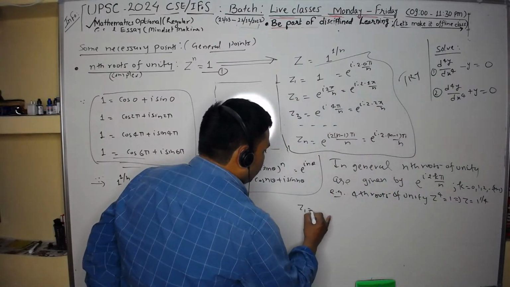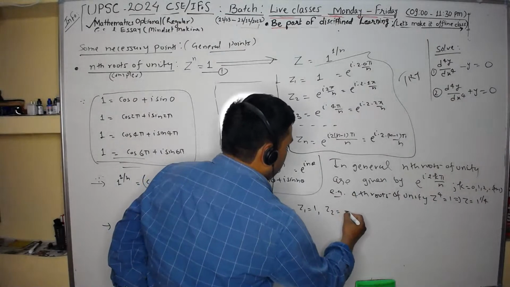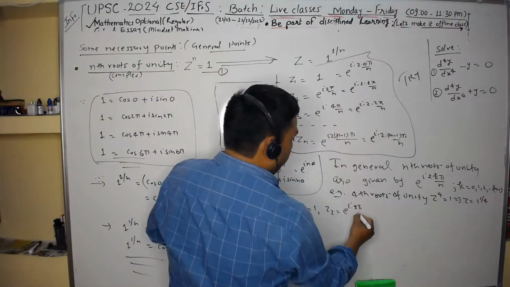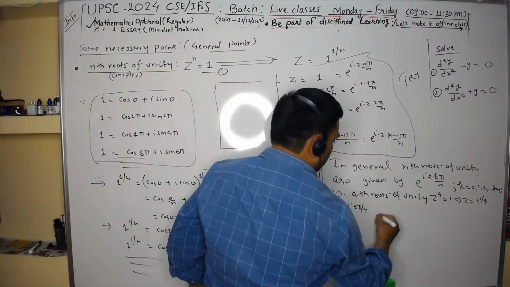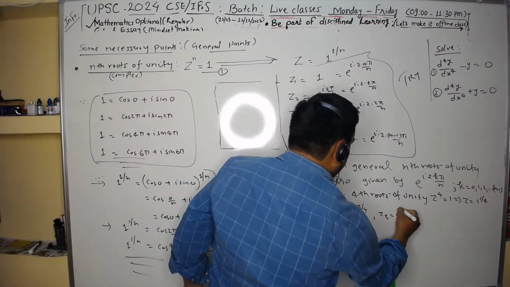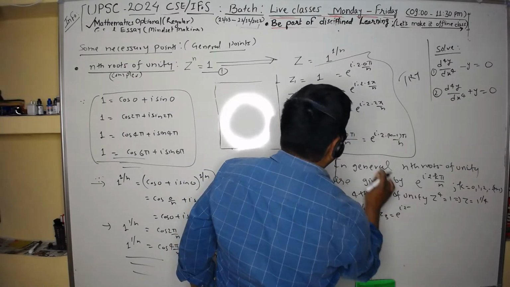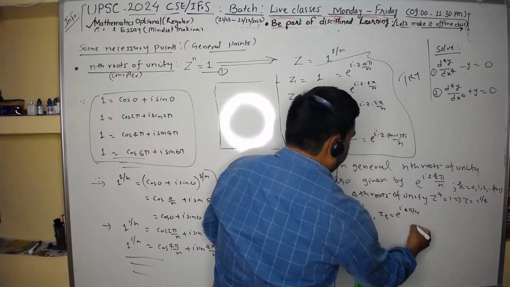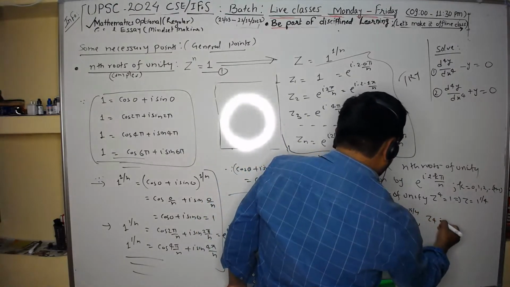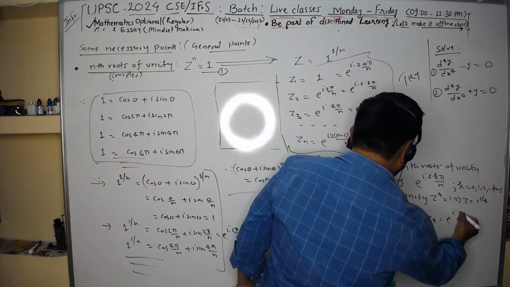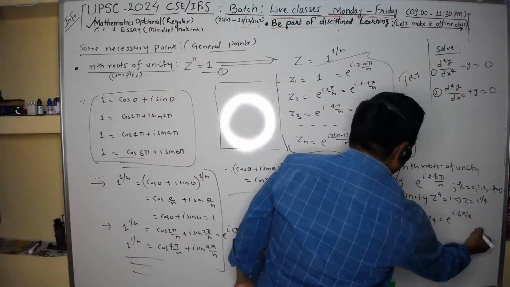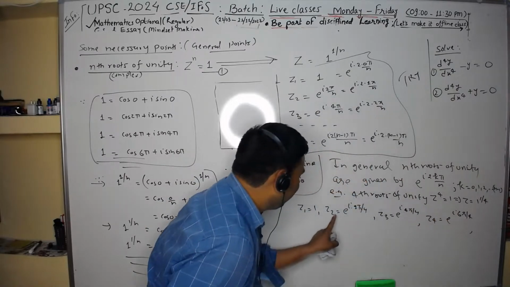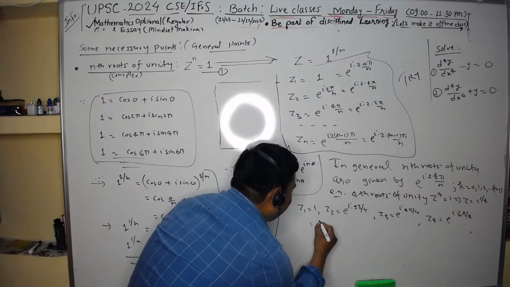So roots will be z1 equals 1, z2 equals e raised to the power iota 2 pi by 4. n is what? 4. z3 will be e raised to the power iota 4 pi by 4. z4 will be e raised to the power iota 6 pi by 4. When you write 8 pi by 4, this will become this, है ना?